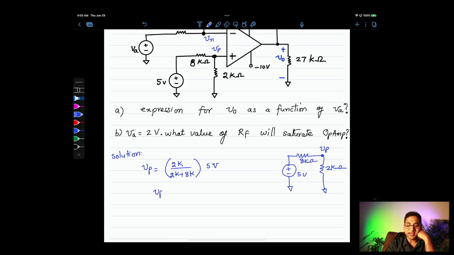So Vp is 2 over 10, 0.2 times 5 volts. Vp is 1 volt. Voila, we have our Vn now. Vn equals Vp, because of the virtual short. It's a constraint, right? So Vn equals Vp.